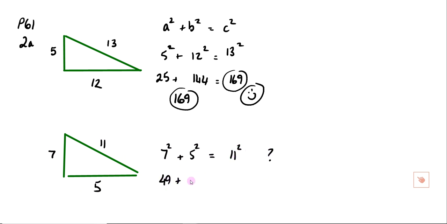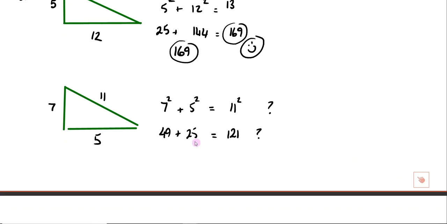Well, we've got 49 plus 25 should equal 121, if I'm right. But 49 plus 25 is actually 74, and 74 does not equal 121. Therefore, it's not a right angle triangle.